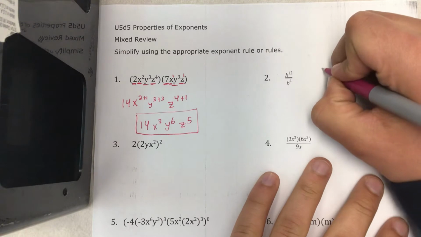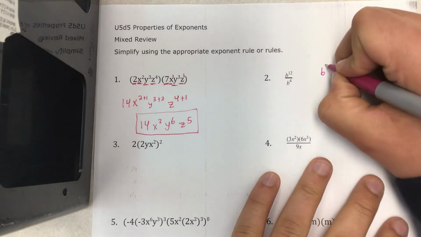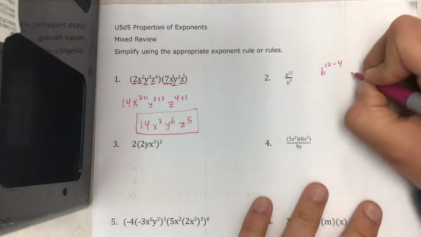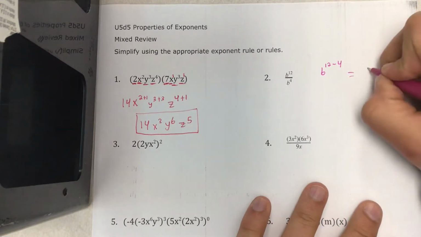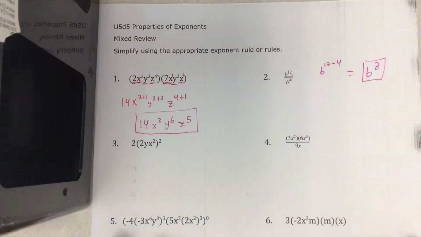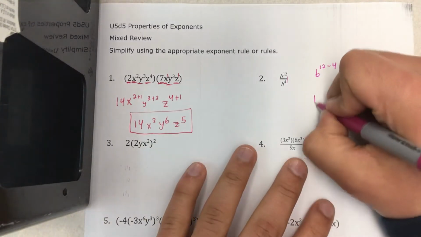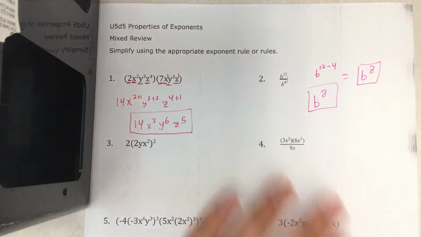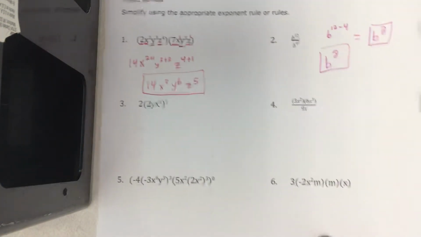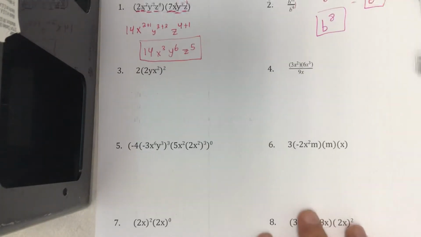So when I'm solving this, it's actually going to be b to the 12th minus 4, okay? Which is b, 12 minus 4, b to the 8th. So this simplifies as b to the 8th. Wow, my bad, you couldn't even see that. B to the 8th. There we go. Okay? Easy. One step, one rule. Okay? Now we'll slide down to number 3.